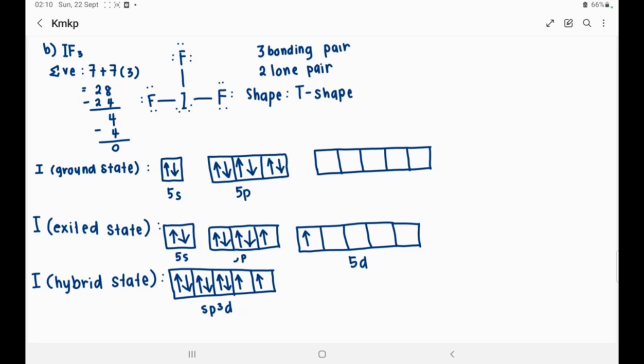So the shape I got is T shape because it has 3 bonding pairs and 2 lone pairs. Then for the hybridization of the central atom, you can draw the orbital diagram, and then you get the hybridization is sp3d.